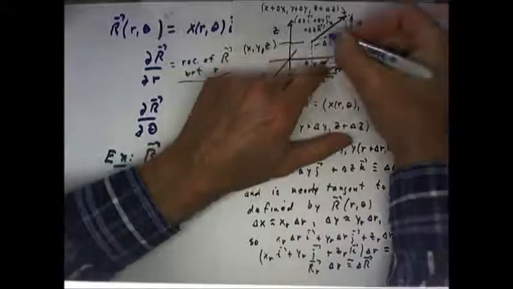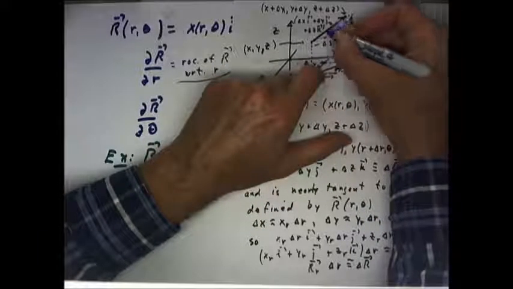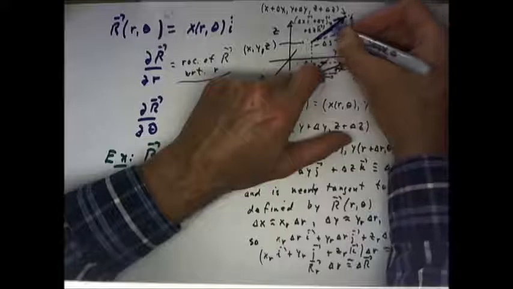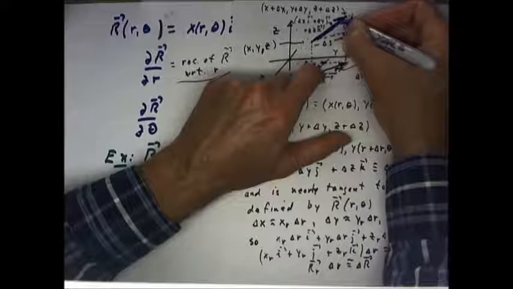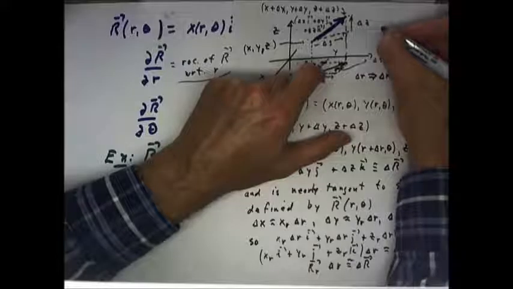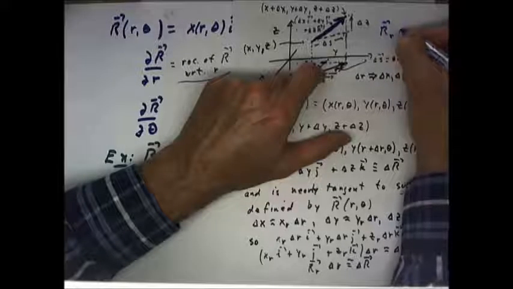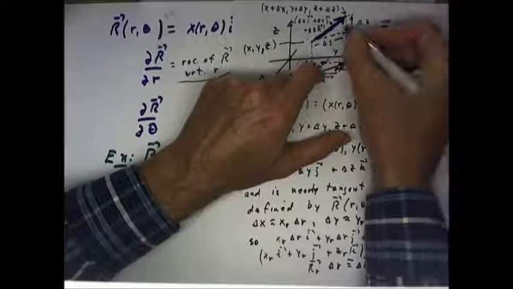And this vector is seen then to be a vector. Let's go ahead and shade it in blue and label it in blue. That vector is r sub r delta r.